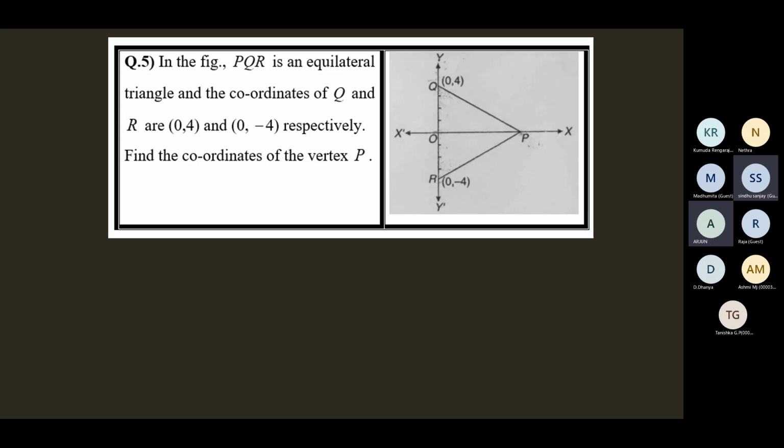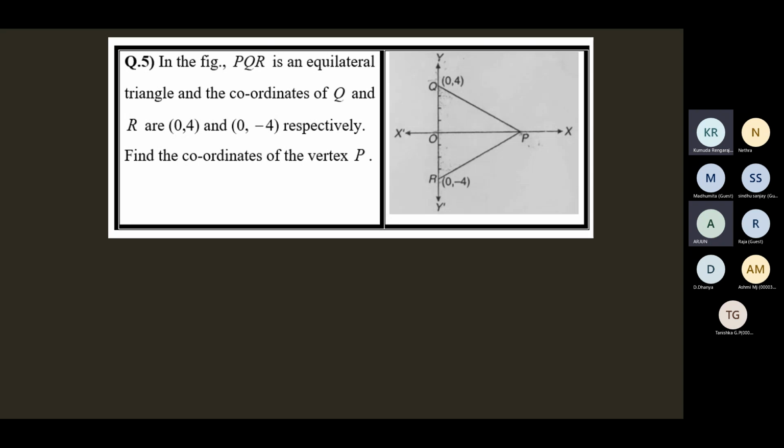Ma'am, is it 0, 2√3, or 2√3, 0? 2√3, 0, ma'am. Yes, you're right.